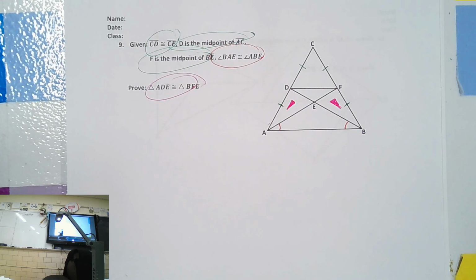Yeah, that's one way to do it. And you know you're right because things go away and it shows you that it has to be, right? That's the beauty of doing it that way.